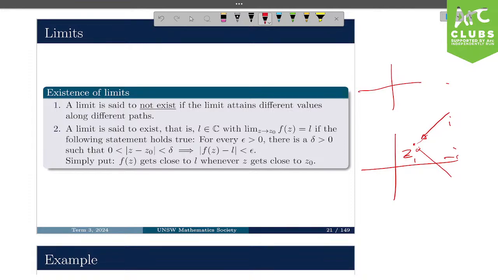Also there's the epsilon delta definition from Math 1A and Math 1B, where instead of absolute value meaning absolute value, it means distance, like how close you are to your z0. Do you understand that?